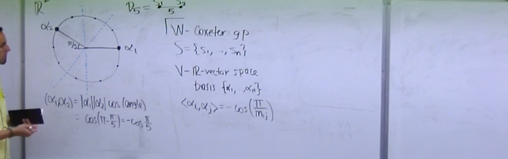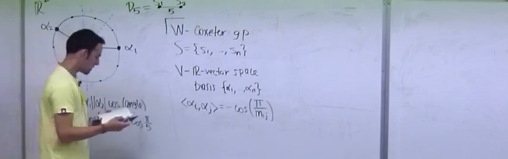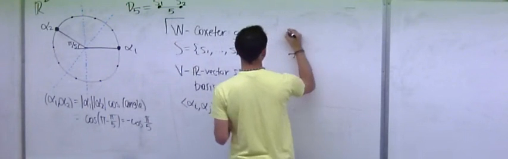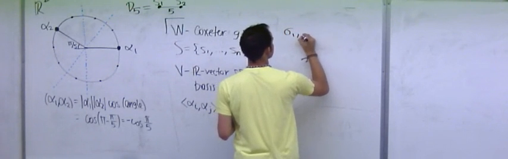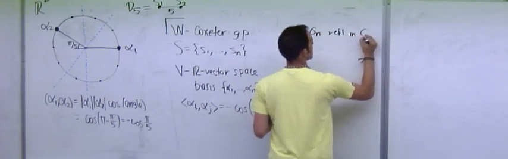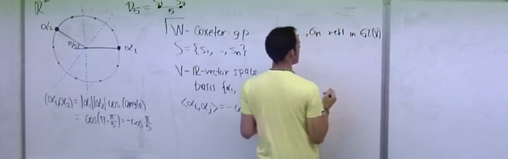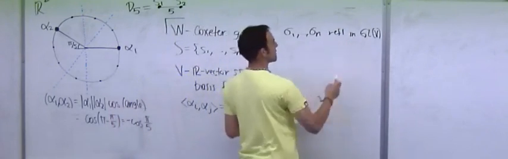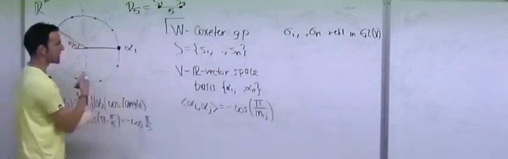So now what did I say? Basically, I said that for each one of these guys, I would make a reflection, which was a linear transformation of this vector space. Okay.